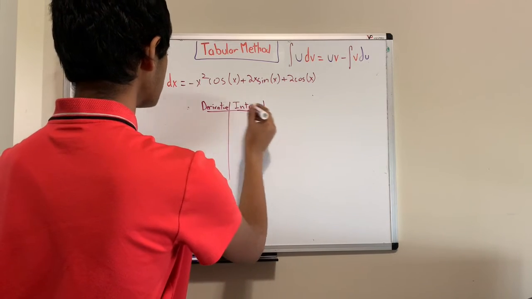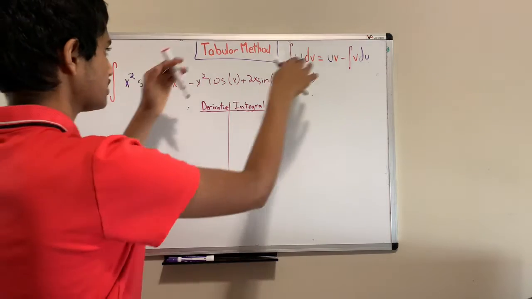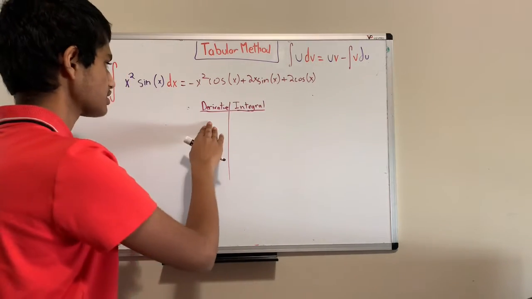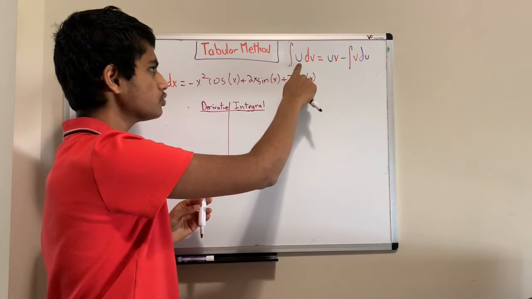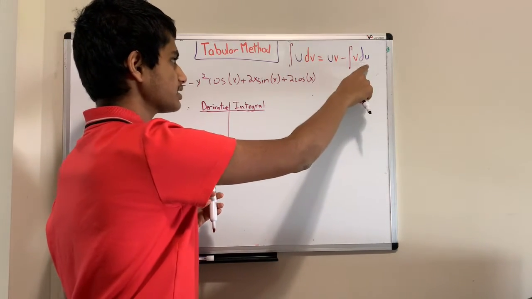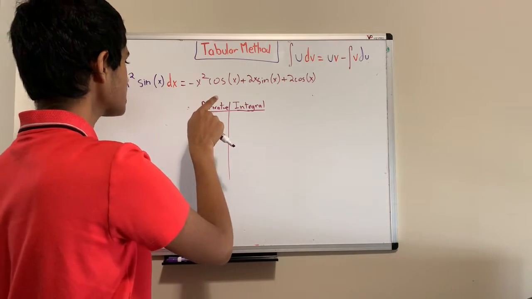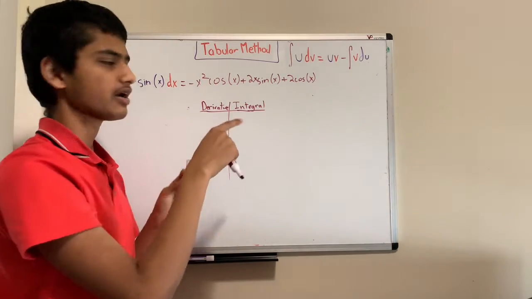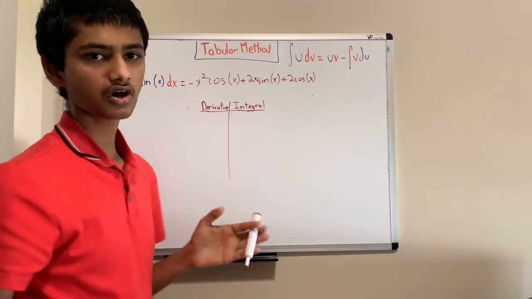Okay, so let's see how we can apply the regular integration by parts formula to this. It seems like when we're using this formula, for u, we always find the derivative of u in some place, and we always find the integral of v. So maybe that means that whatever we keep as u must go in the derivative column, and whatever we keep as v or dv goes in the integral column.